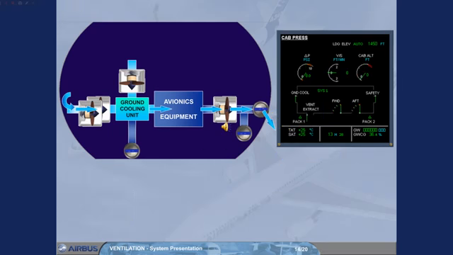The Avionics Equipment Ventilation Controller, AEVC, controls the avionics ventilation system, and sends opening and closing signals to the overboard, underfloor, extract valves, and the ground cooling valve.